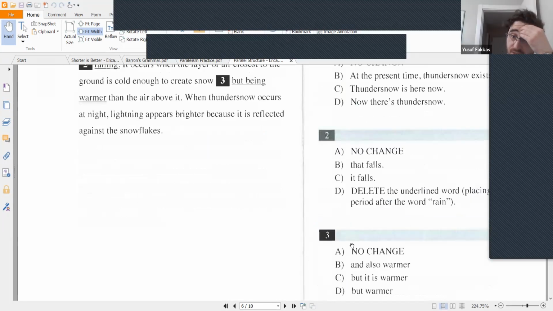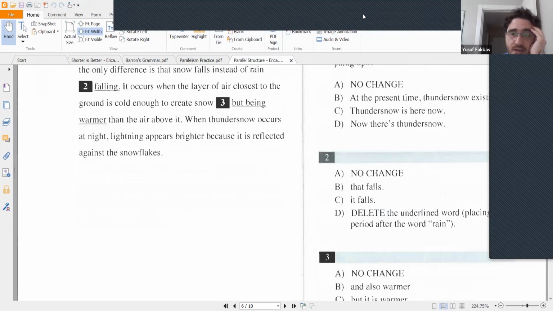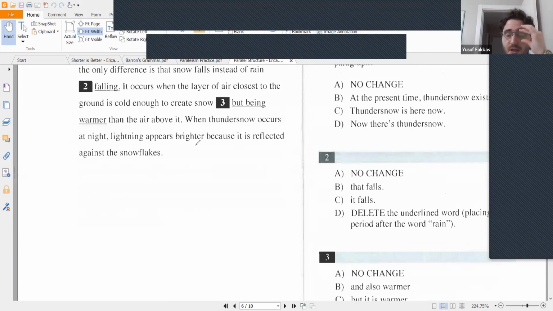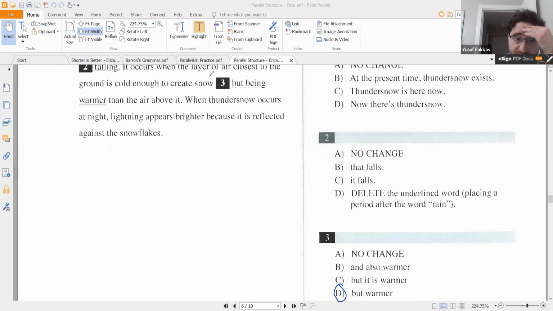Number 3, Muhammad. Now they're telling us that it occurs when the layer of air closest to the ground is cold enough to create snow, but being warmer than the air above it. What should we choose? Can you tell me? D. Yes, thank you. So look, as we said, is cold enough to create snow, but warmer.